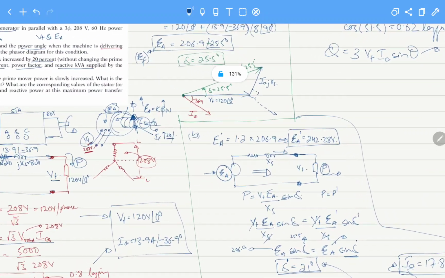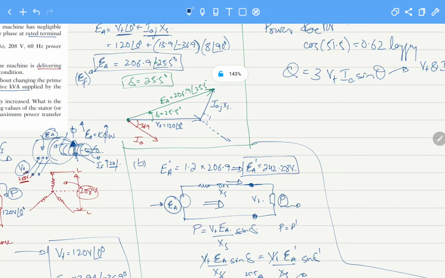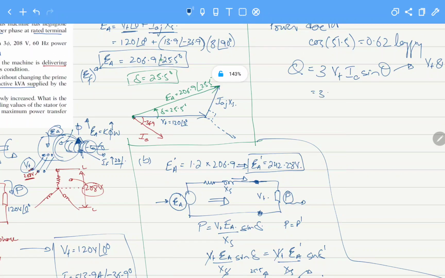So this becomes 3 times 120 times 17.86 times sine 51.5 degrees, which equals 5.03 kVAR.